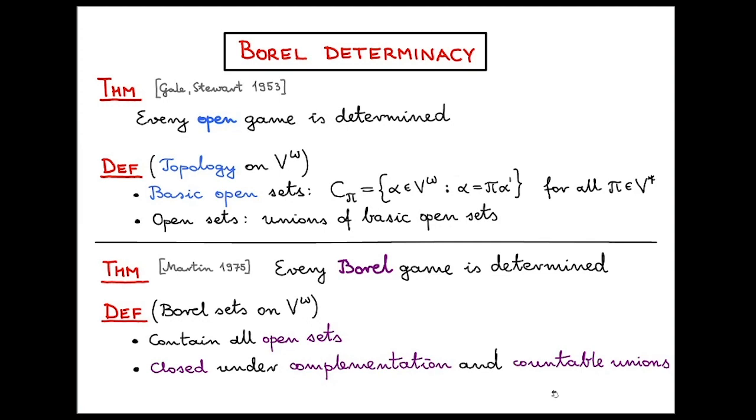Now note that if you have countable unions and complementation, then you also have countable intersections.